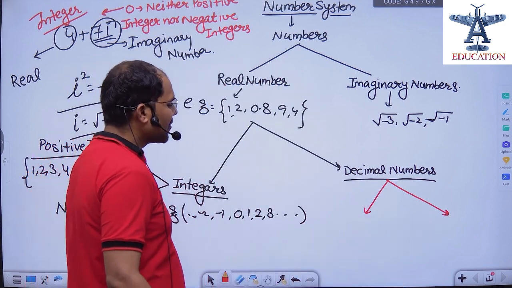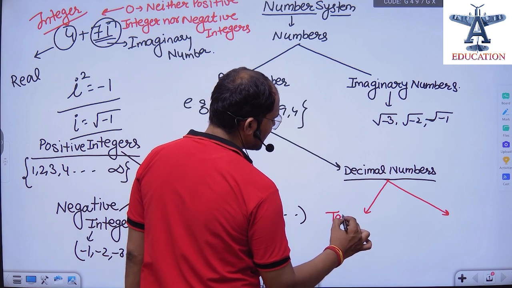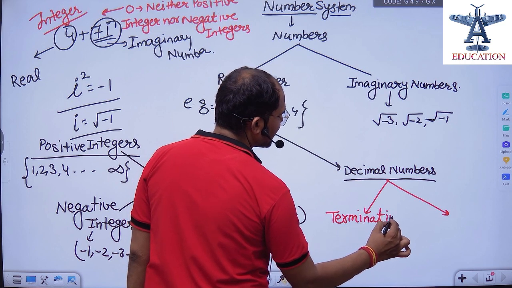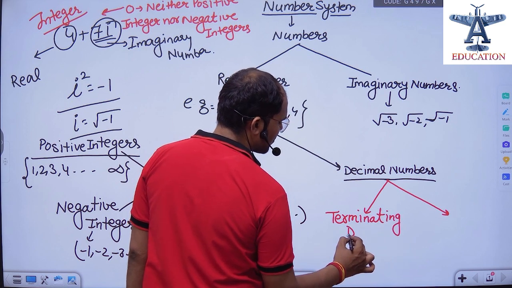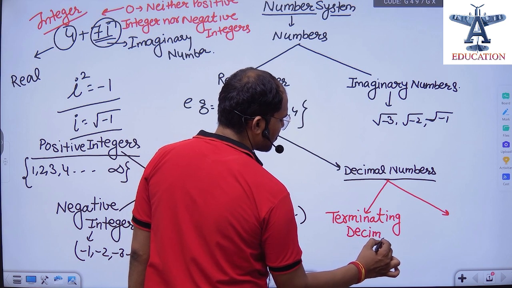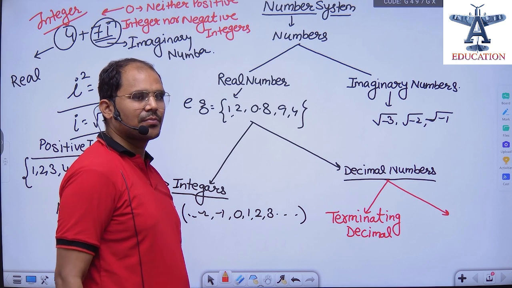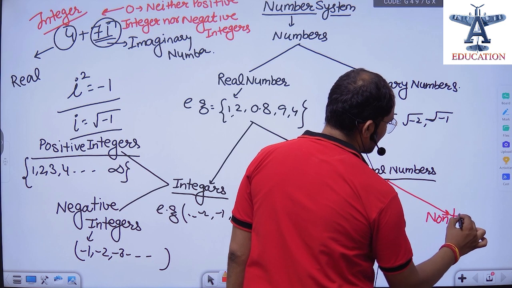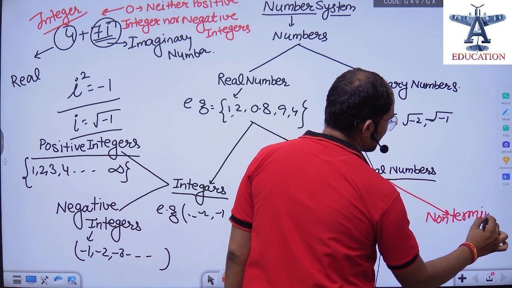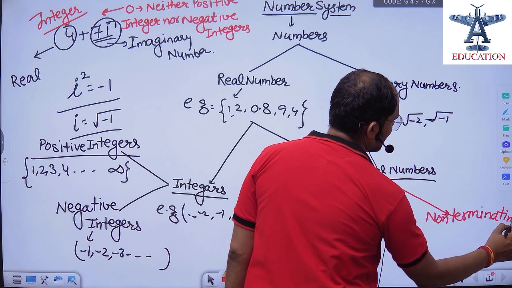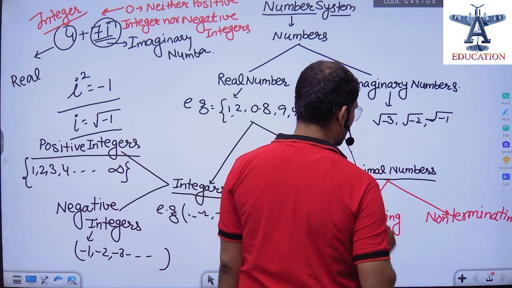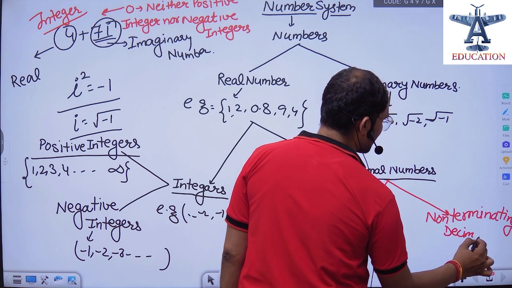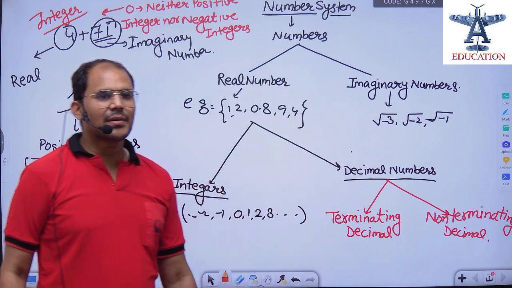Decimal numbers are divided into two parts.